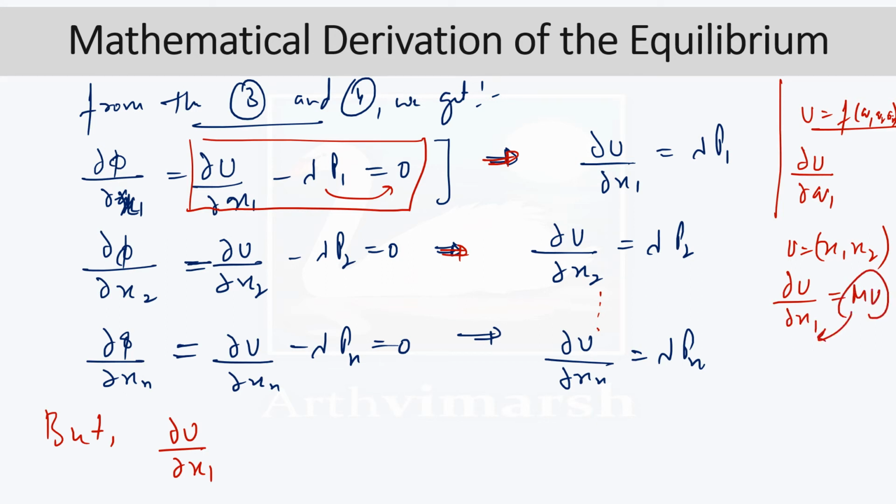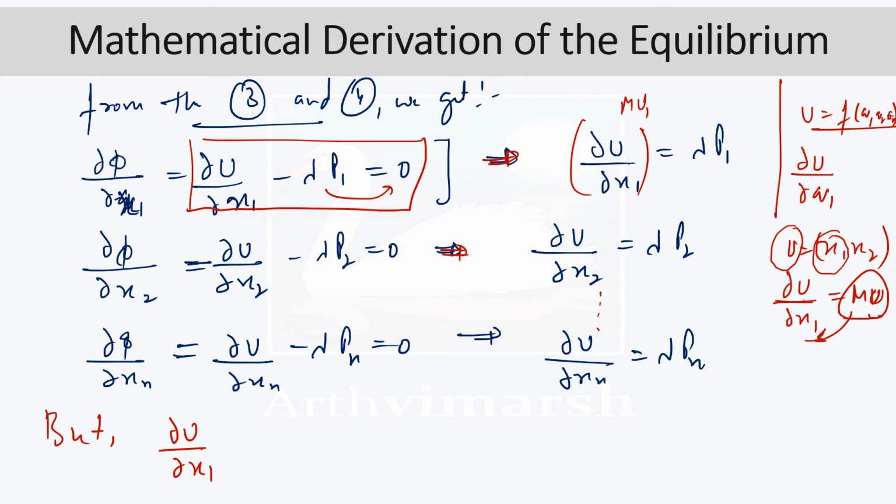If I increase your consumption of x1 by 1 unit, how much change in your utility is going to be there? So it's the marginal utility, the change in utility with respect to the change in the quantity. So likewise, del u upon del x1 here is the marginal utility of commodity 1.